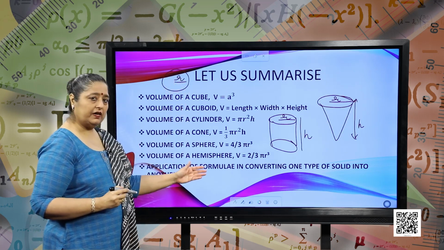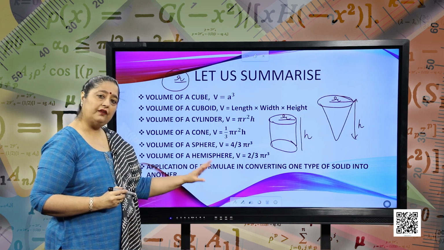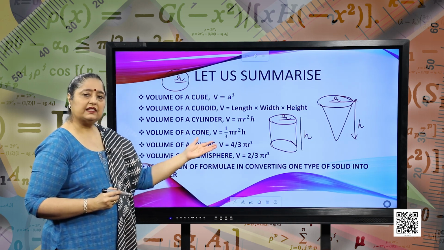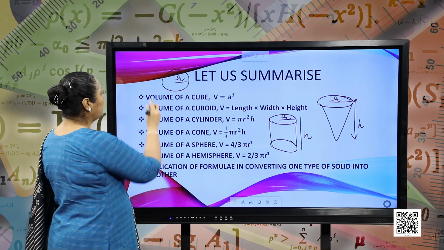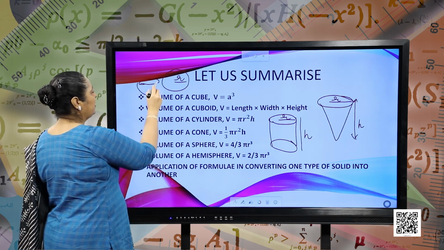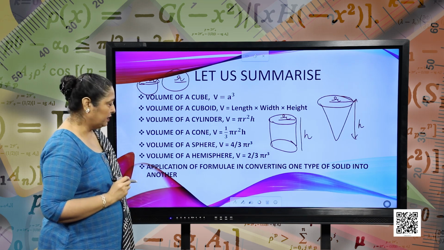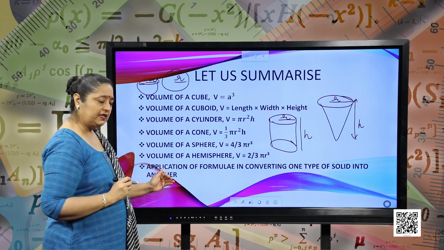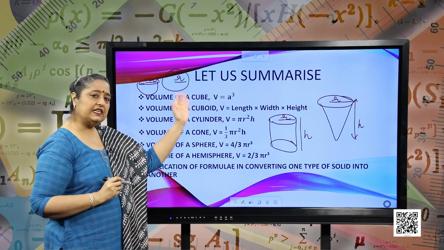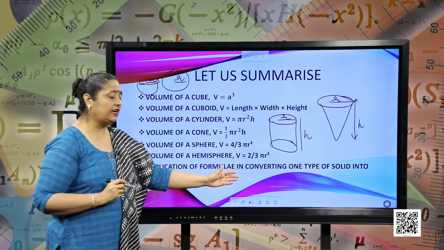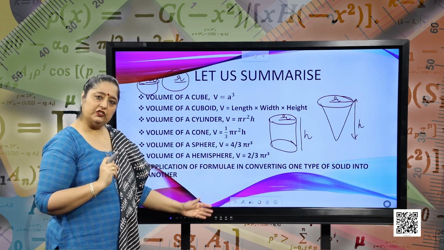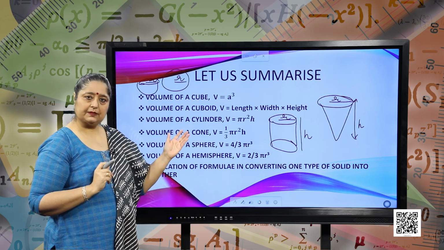The volume of hemisphere is half the volume of the sphere, that is 2 by 3 pi r cube. Also, you have studied about the application of all these formulas in converting one type of solid into another. I hope all these concepts are clear.